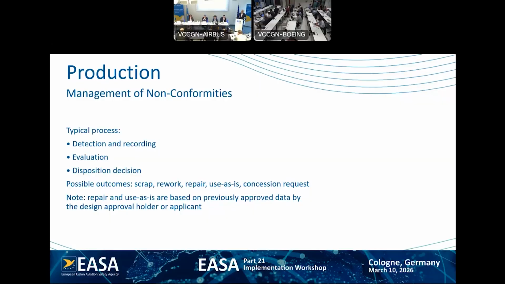And well, management of this non-conformity is typical. So they are detected, recorded, evaluated, and then a disposition decision is made. What are the possible outcomes? The scrap, rework, repair, use as is, or request of concession to the design approval holder or applicant.